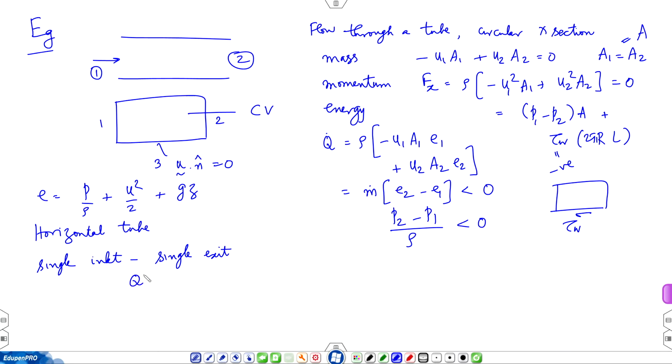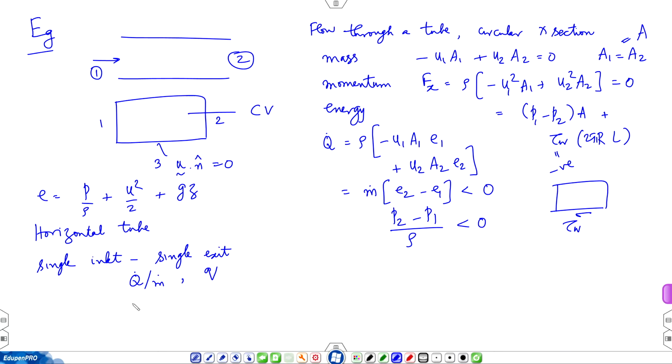So, this quantity q dot divided by m dot appears often in calculations, so it is given a symbol small q.